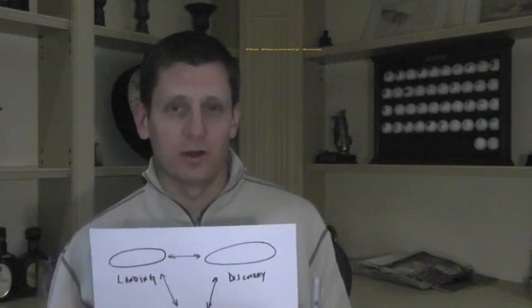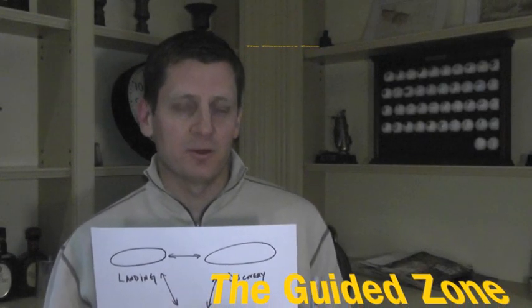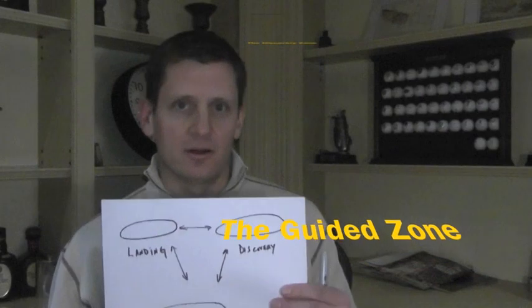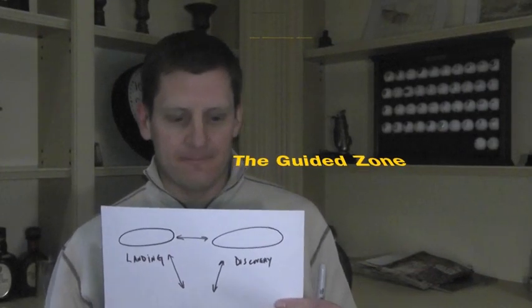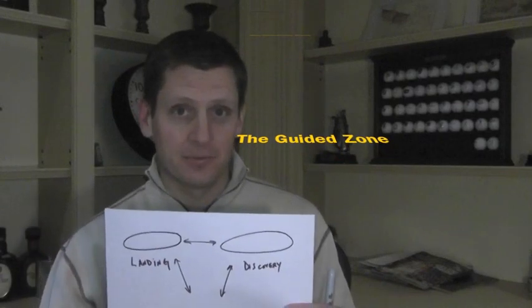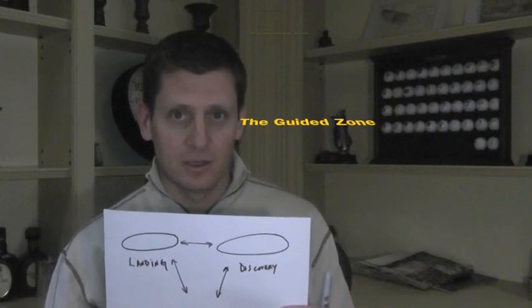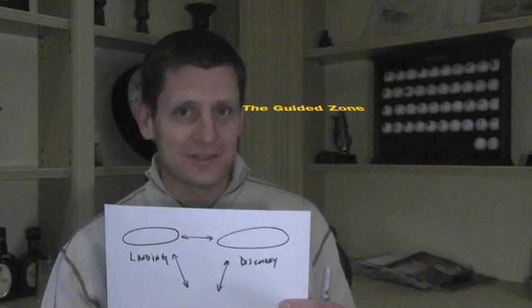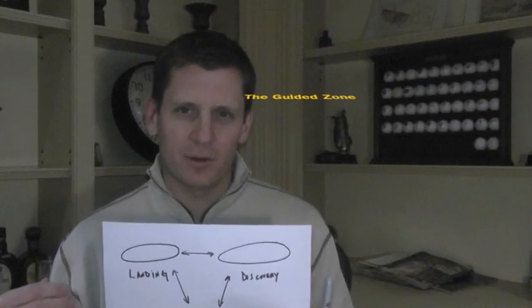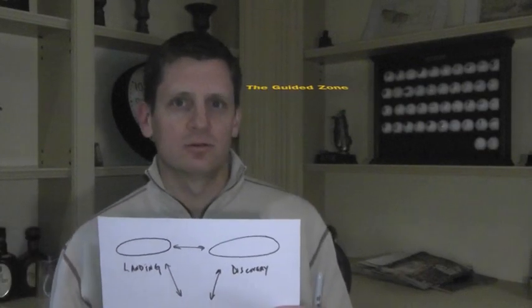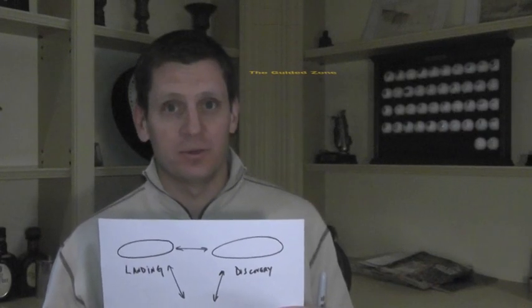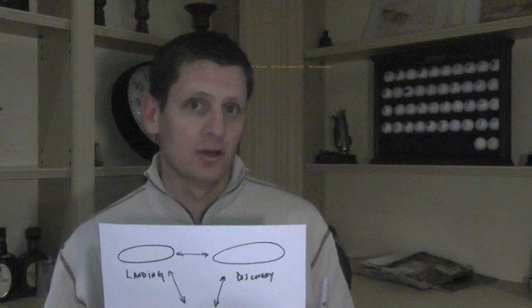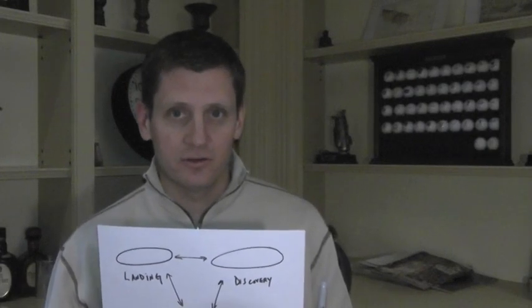The third piece of the equation, and I'd say the one that's becoming more and more predominant, is what we're going to call the guided zone. This is where you basically have data that could come from the landing zone, could come from the discovery zone, but you're putting all of this data in one place, and then you tend to be running different types of workloads against the guided zone. So it could be tactical queries, could be some operational queries, could be a mix of analytic queries.